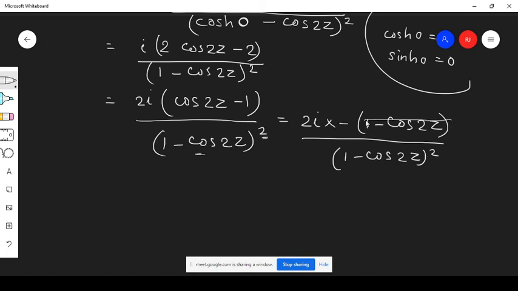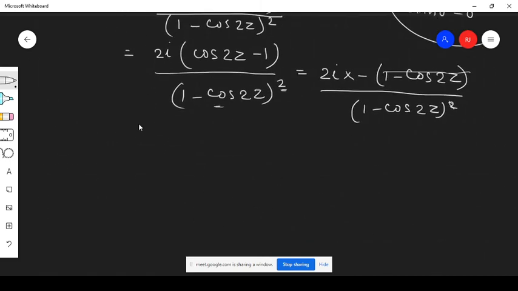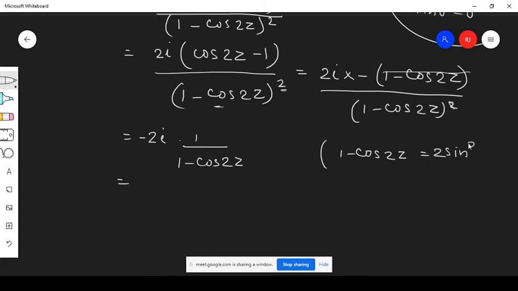As you know, you can cancel one term here. 1 minus cos 2z can be cancelled. So that is equal to 2i, negative sign, into 1 divided by (1 minus cos 2z). Now what is 1 minus cos 2z? 1 minus cos 2z is 2 sine square z by trigonometric ratio values.